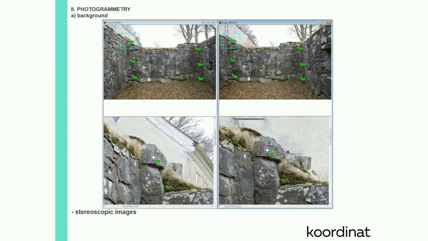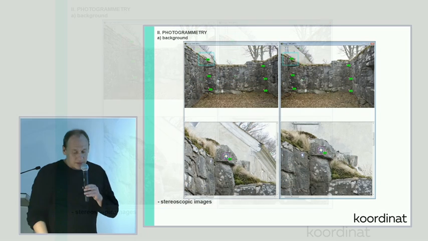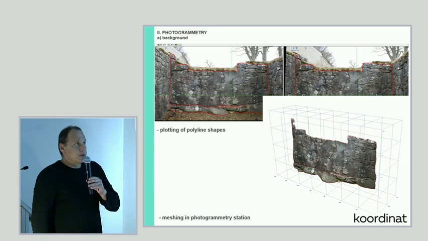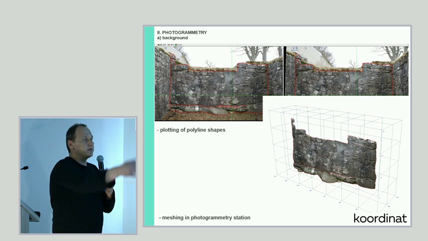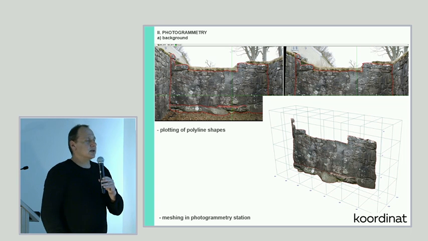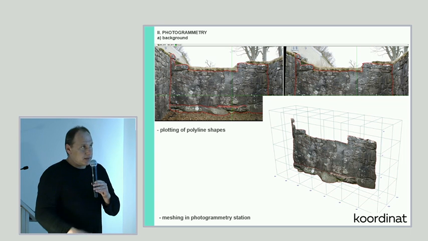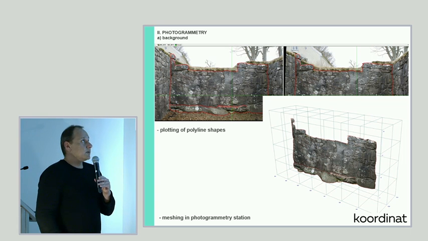So for this type of photogrammetry you need, of course, two pictures, left and right, of the same object. And then you just plot the three-dimensional shape and put the 3D surface, the triangular irregular network surface, on that. We call it the mesh. And the mesh, of course, can be texturized, so the image data can be placed on the mesh.